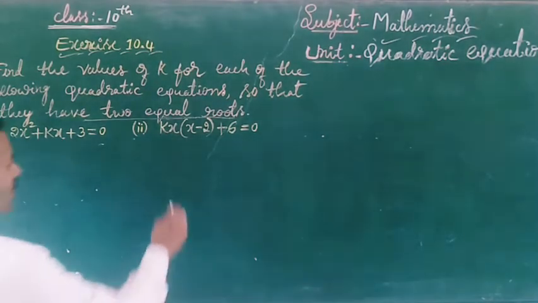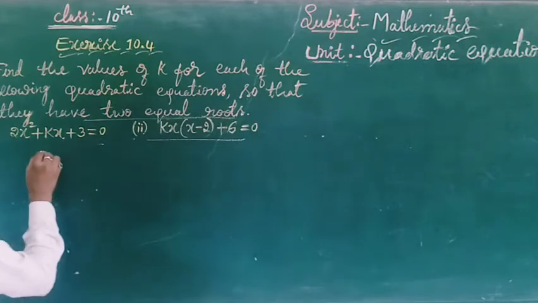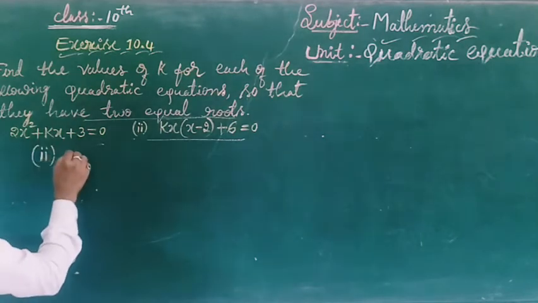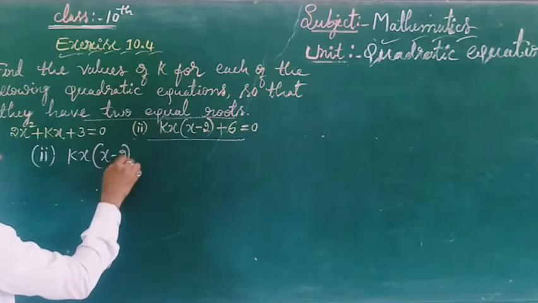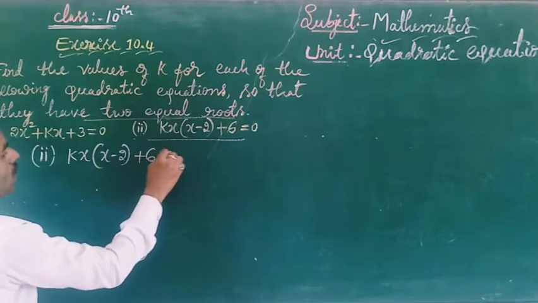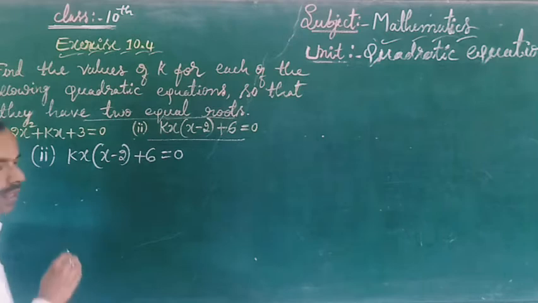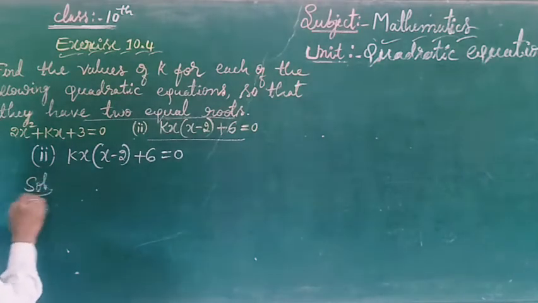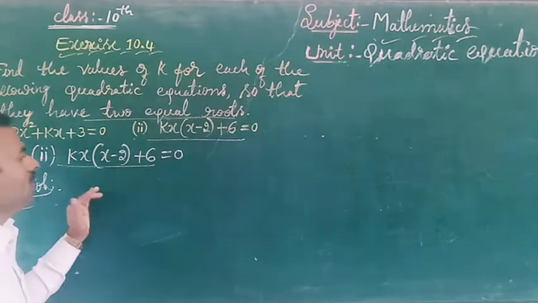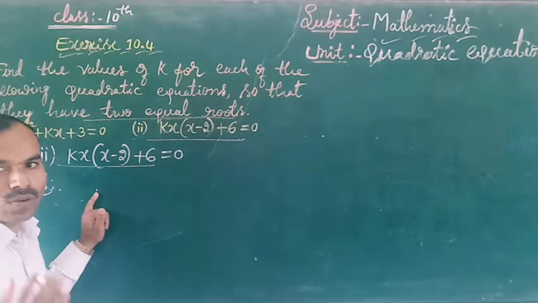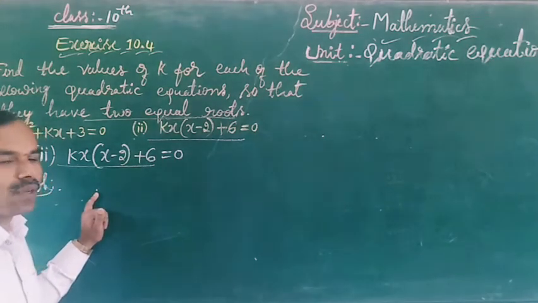Now we take the second one. Write down kx into x minus 2, plus 6 equals 0. Solution. Now just rearrange the given equation in the form ax squared plus bx plus c equals 0.